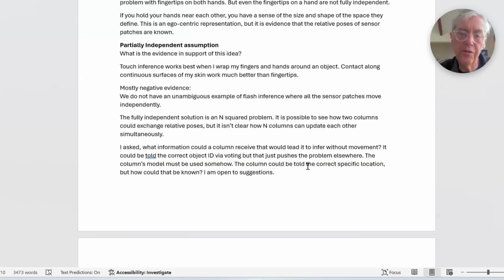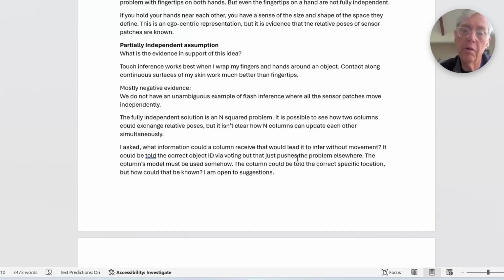What information could a column receive that would allow it to infer without movement? I don't think it can be told its location, because its location is in a code that is unshareable; no one else knows anything about its codes of location. But as you point out, it could be given something in a common egocentric value that somehow turns into a local allocentric value.